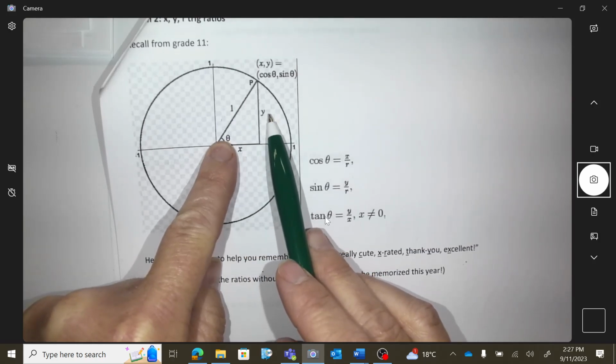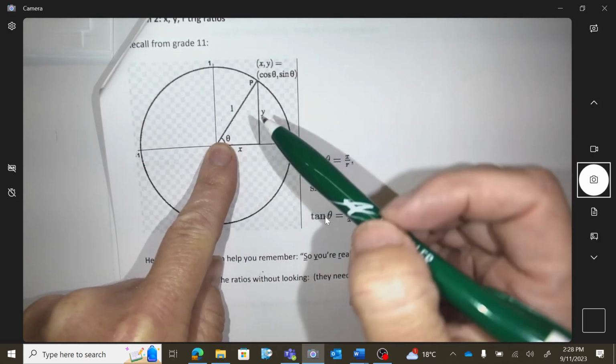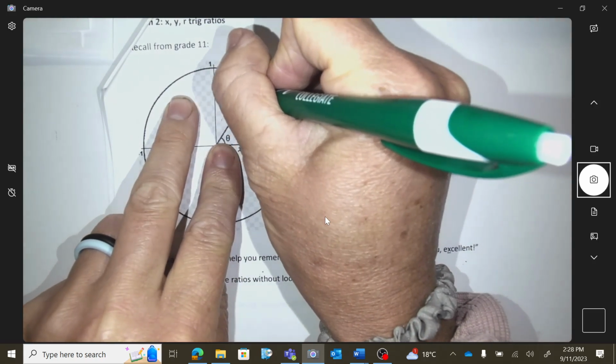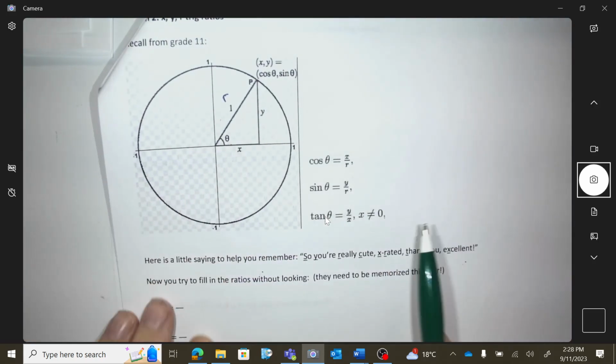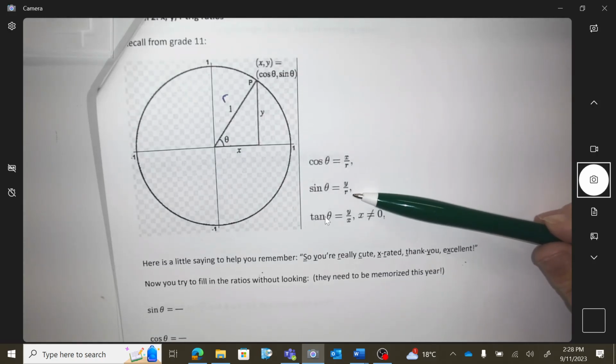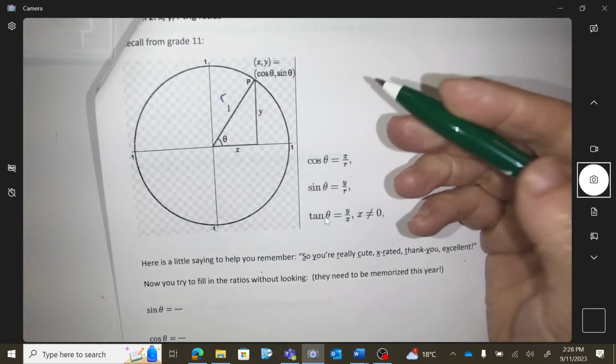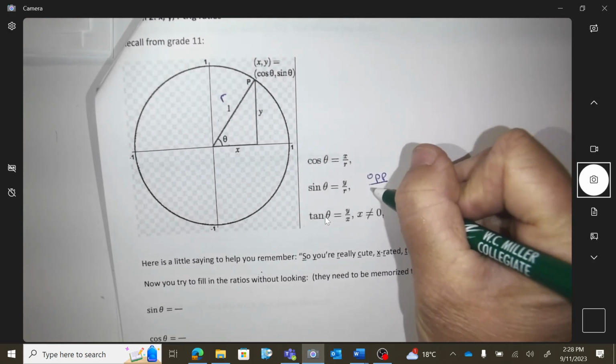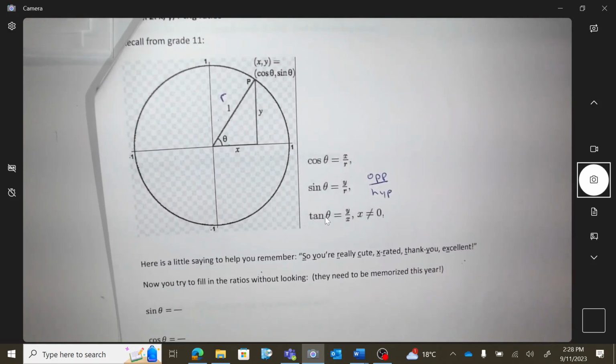So in this triangle, it'd be the y divided by the r. Okay? So that's where you get these sine ratios from, y divided by r. It's because it's the opposite over the hypotenuse. Okay? That's the way they get that.